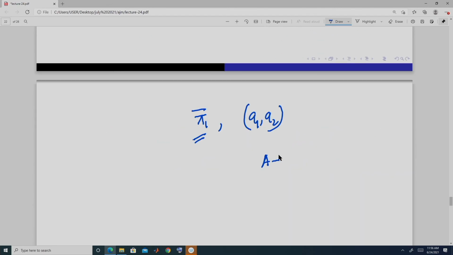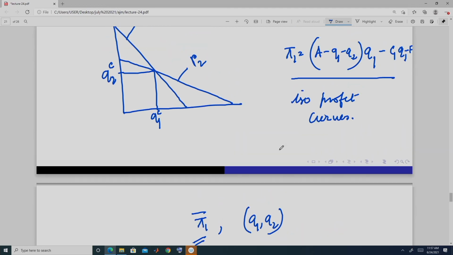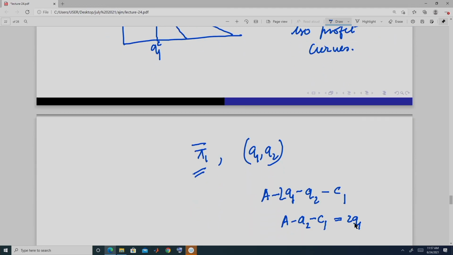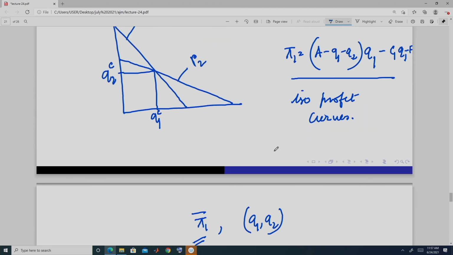So, if we take the derivative, right. Now, this is equal to this line, but if Q1 is greater than this, so you fix the level.